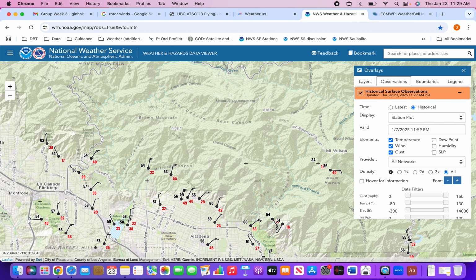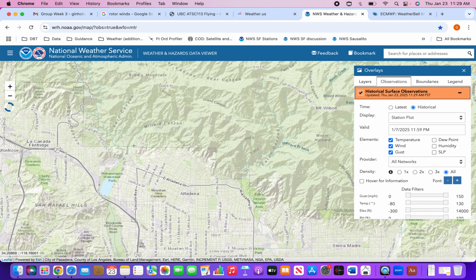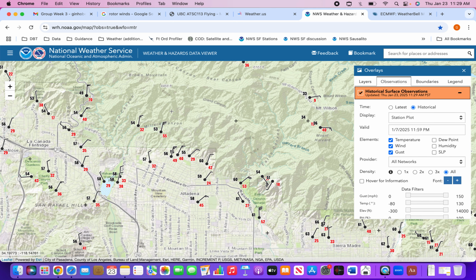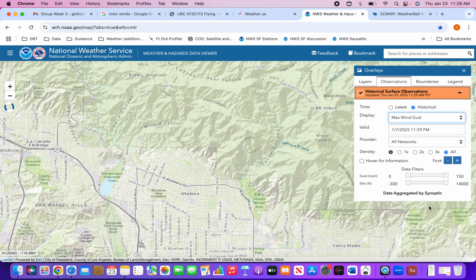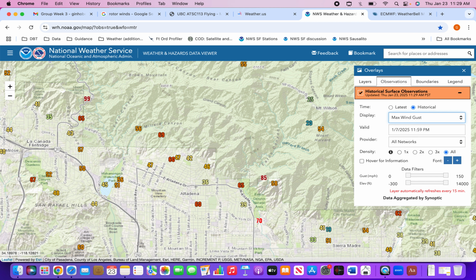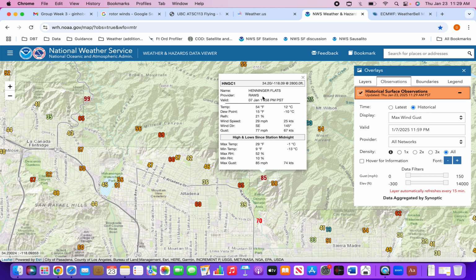Look at what the winds were doing at midnight, the 7th into the 8th, for instance, as this fire was still raging. You're looking at widespread gusts into the 30s, 40s, even 50s. And look at maximums: this 85 here, maximum gust, Henninger Flats at 2,800 feet.